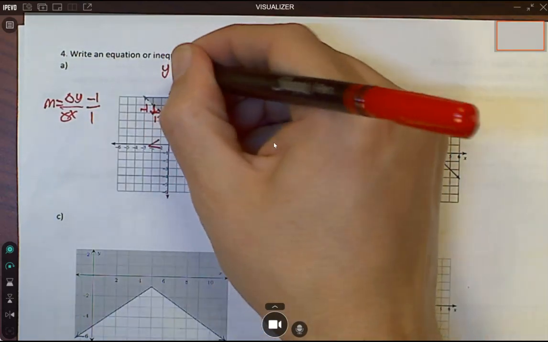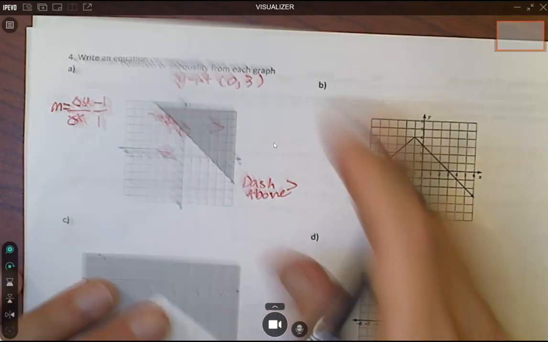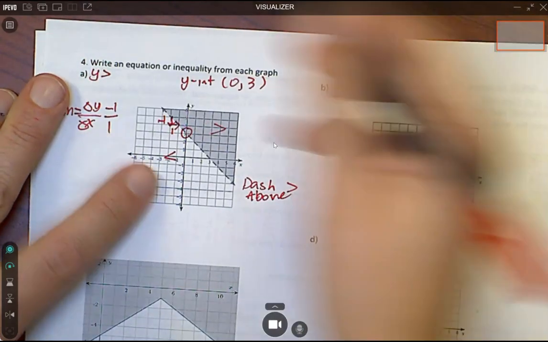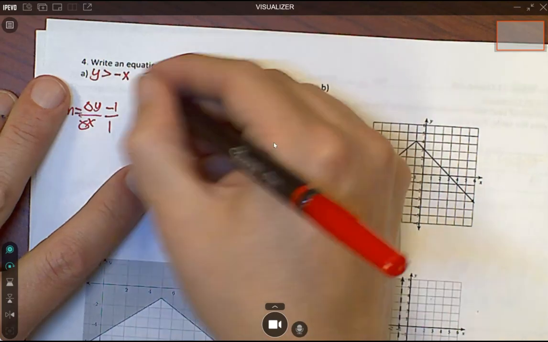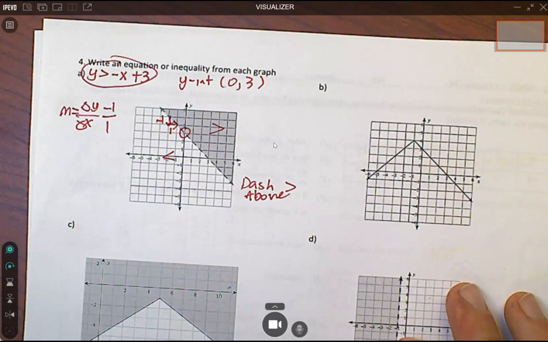Y-intercept (0, 3). Equation: y is greater than negative x plus 3. Done.